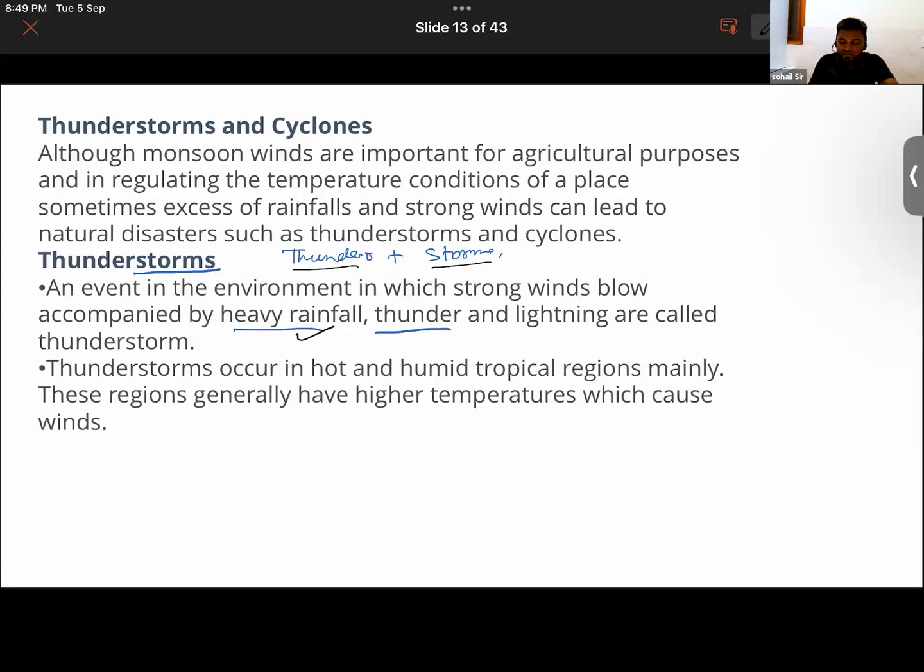Usually, in the tropical regions, when the temperature of the water surface, water bodies, reaches 26.5 degrees, about 27 degrees Celsius, then the phenomenon of cyclone happens. Let's discuss the phenomenon of cyclone in detail.